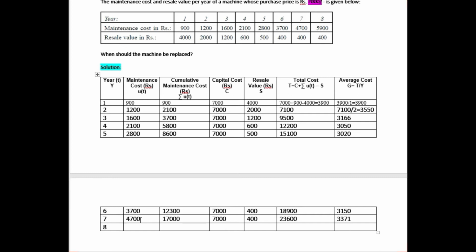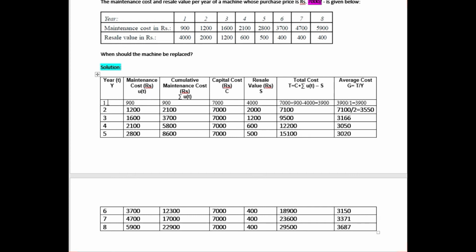For eighth year, the maintenance cost will be 5900, and the cumulative maintenance cost 22900, capital cost is 7000, resale value that is 400, and the total cost will be 29500, and average cost will be 3687.